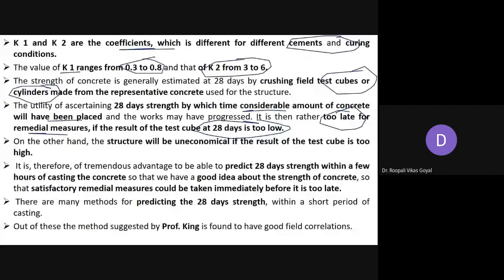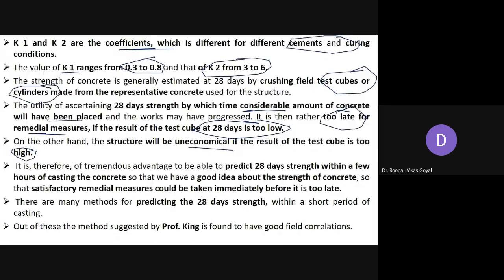On the other hand, the structure will become uneconomical if the test result of the test cube is too high. Suppose you have designed for 30 and made it, but after 28 days you are attaining 40; then unnecessarily you are using high strength concrete, which is not at all desirable.